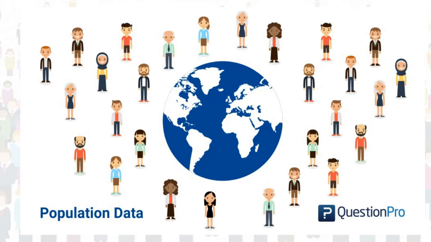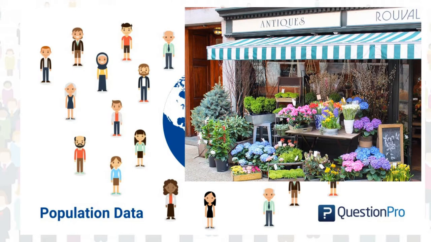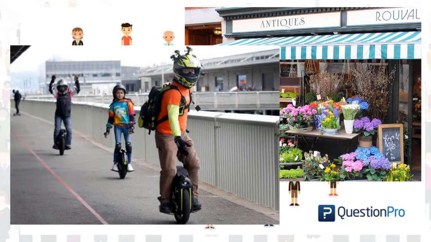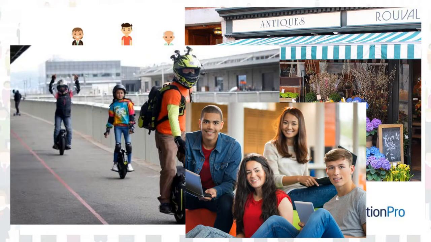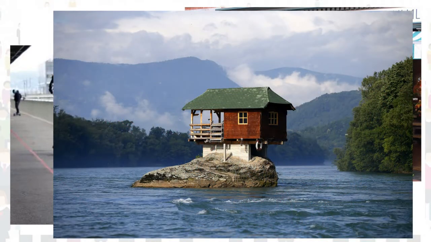Populations influence the variety of businesses that might be located in an area or that are needed, the types of transportation that are needed in an area, the number of schools and the types of schools, and the types of housing that might be needed in a particular area.